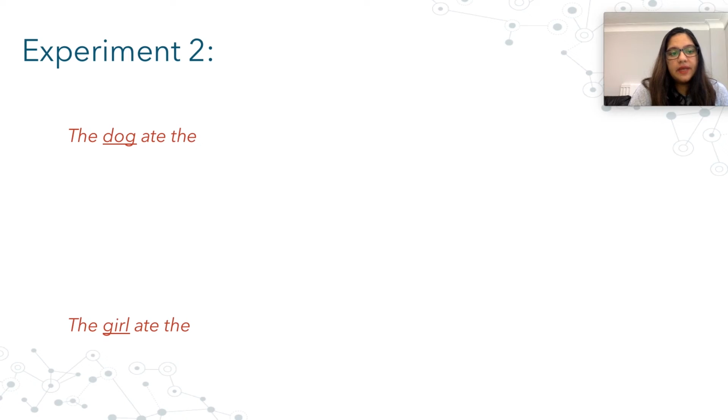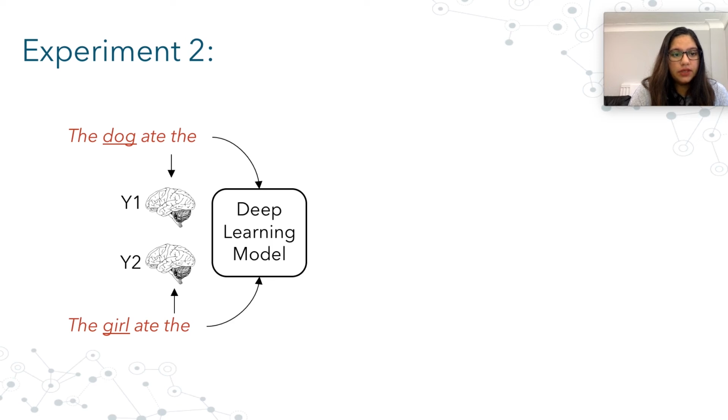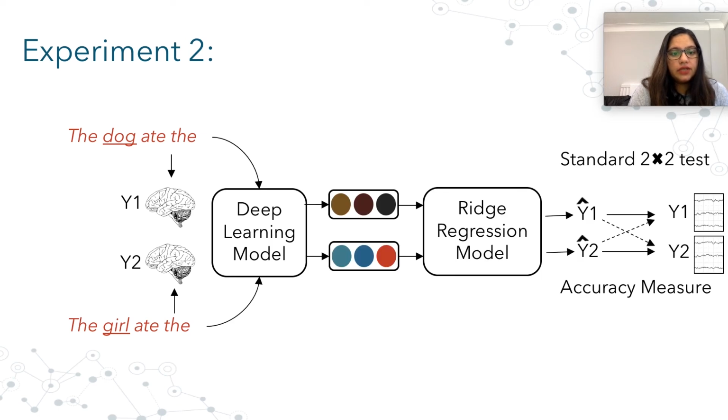In a second experiment, we try to understand in detail what the context at a given word consists of. For this test, we give the same sentence as an input to both the subject and the deep learning model and try to predict whether a standard 2x2 test can distinguish between the same word or same substring except one word in the past difference.